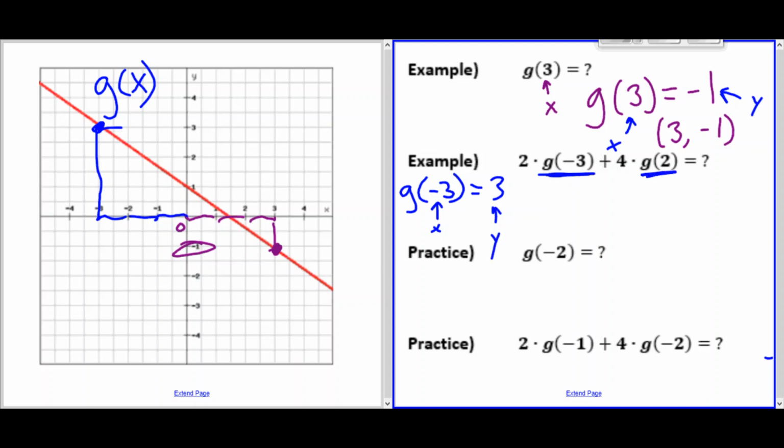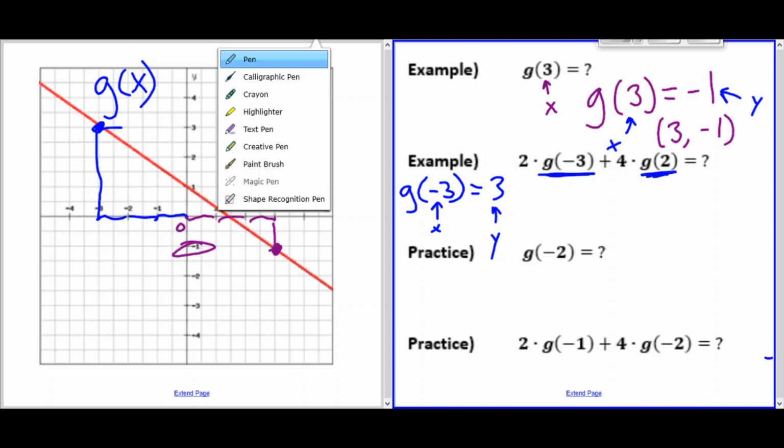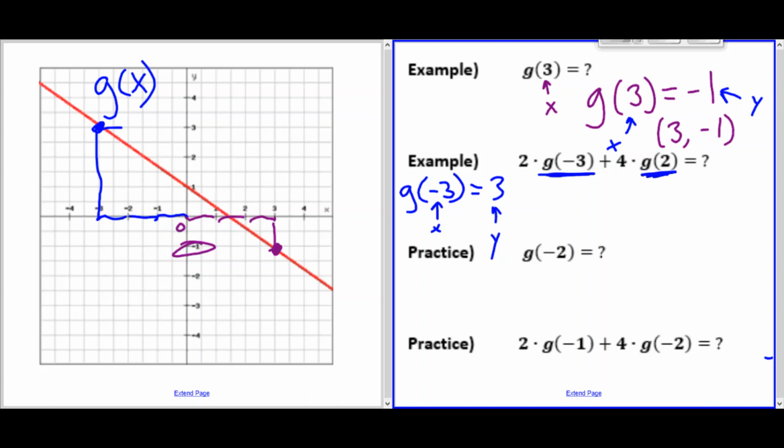I'm going to do the same thing because I see I need g of 2. Now I'm going to do it for 2. So g of 2, let me get the eraser. I'm going to erase this real quick. So g of 2, again, the 2 is in the x spot, and I should be getting out a y.